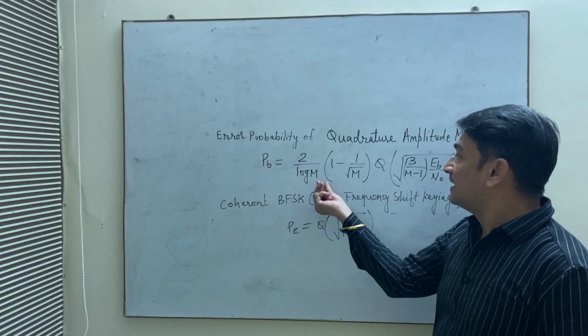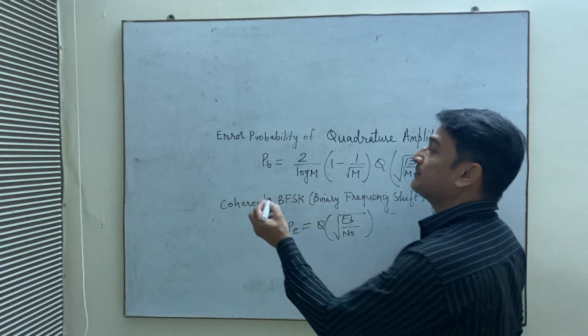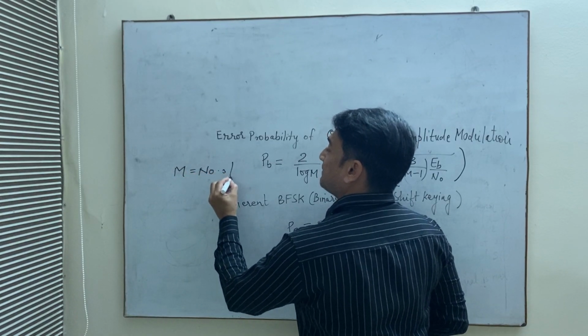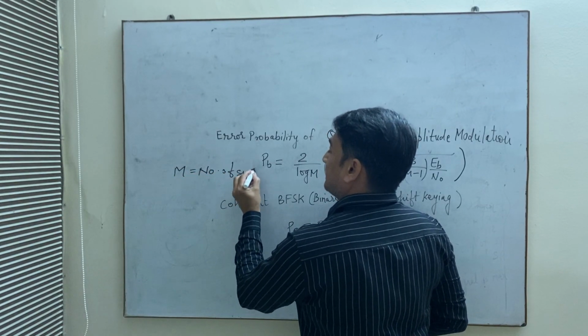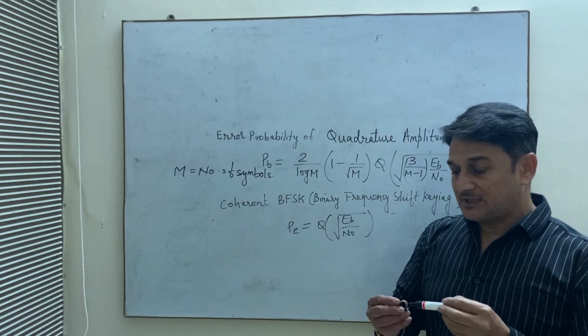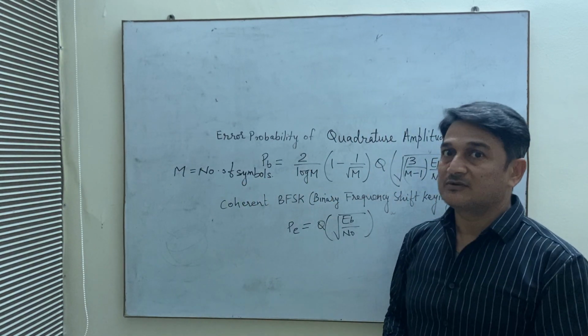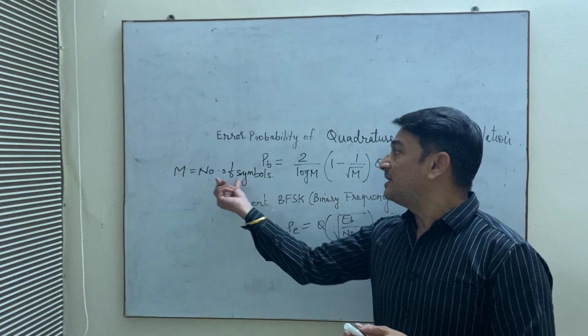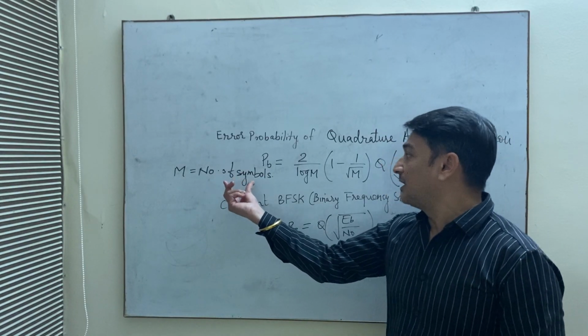Here M is the number of symbols. Suppose you are using 16 QAM, then M is equal to 16. If you are using 64 QAM, then M is 64.